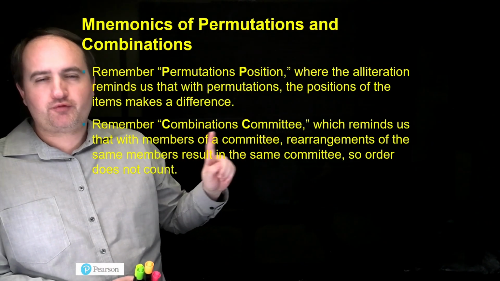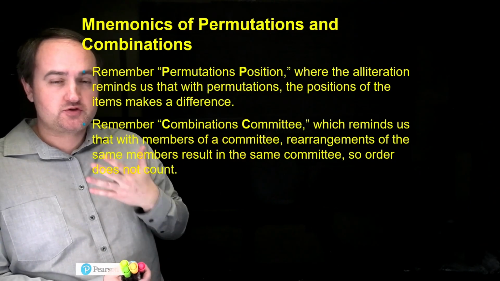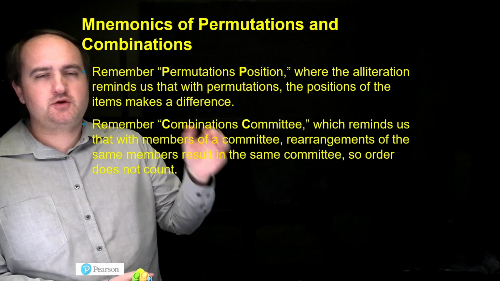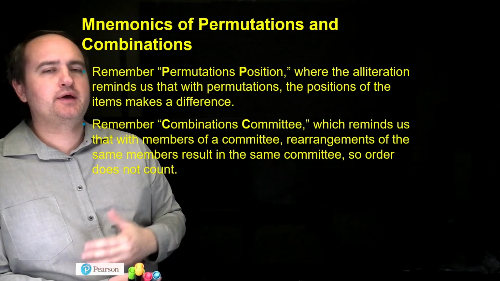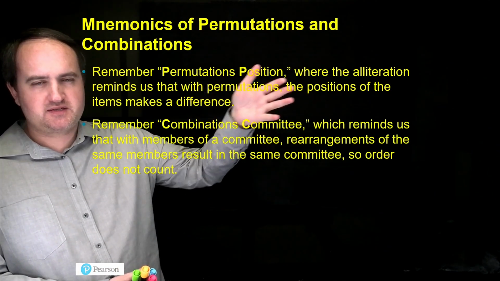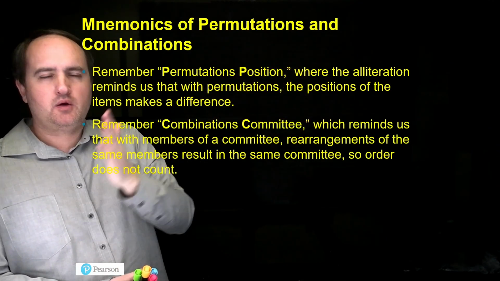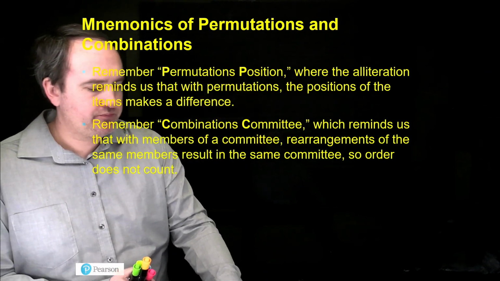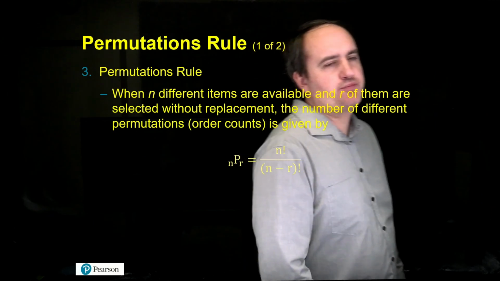So for a combination plate, there's no order. All that matters is which 3 dishes you have on your plate, okay? But with permutations, you're thinking more like first place, second place, third place, where the order does matter, okay? So let's start with permutations.